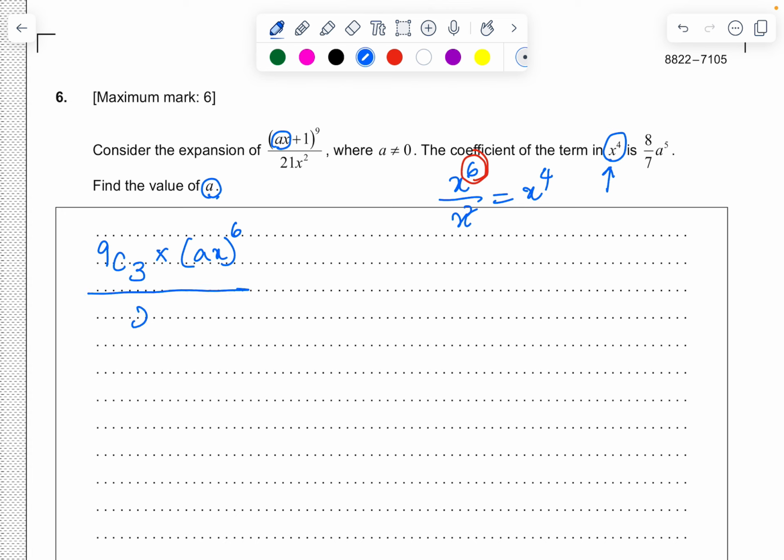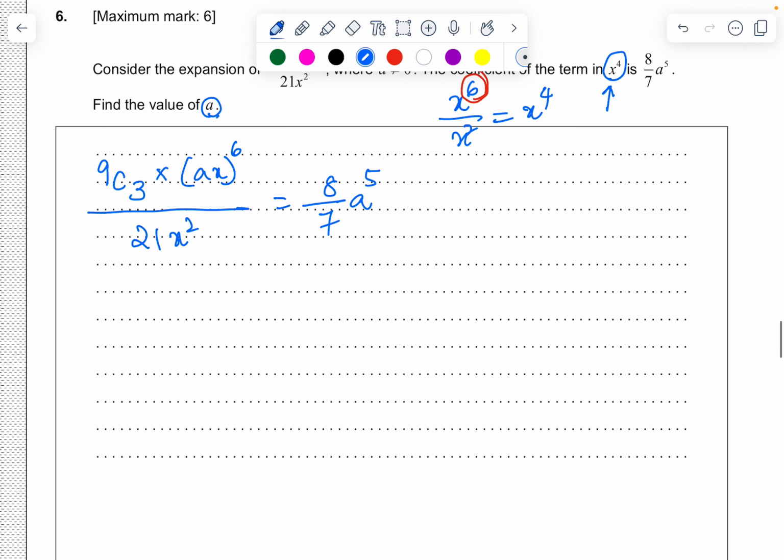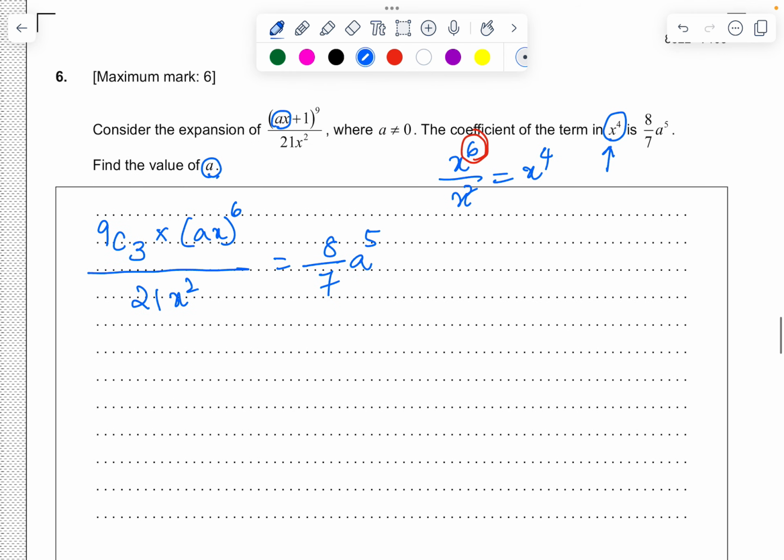So divided by 21, x to the power of 2 is equal to 8 over 7, a to the power of 5, and this is also the x to the power of 4 term, right? Now you see what is 9C3? This is a paper 2, so basically you can use calculator. 9C3 is 84 times a power 6, x power 6 over 21 x power 2.